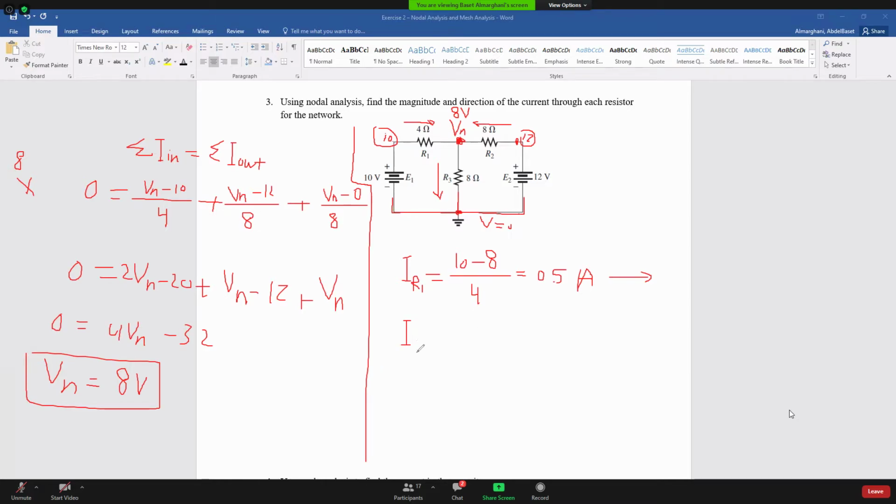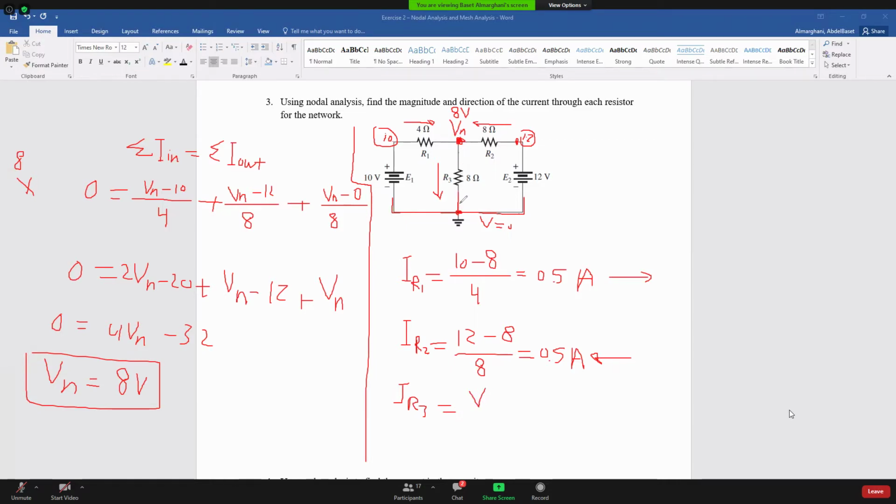In IR2, this is 12 at this side, 8 at this side. So 12 minus 8 divided by 8. This is 0.5, and it is going in this direction. IR3, the voltage is going from here to here.